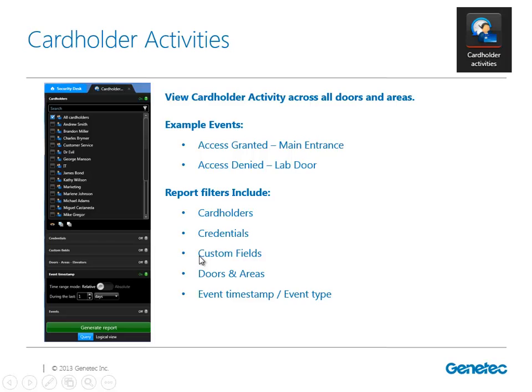If I do have custom fields in the system, I can use the fields to actually narrow down my search, and I can narrow the search based on the area. And again, as we know, areas are basically a group of doors that I decided to use this area to just group them all, and maybe use the same access rule and apply to all those doors at the same time.